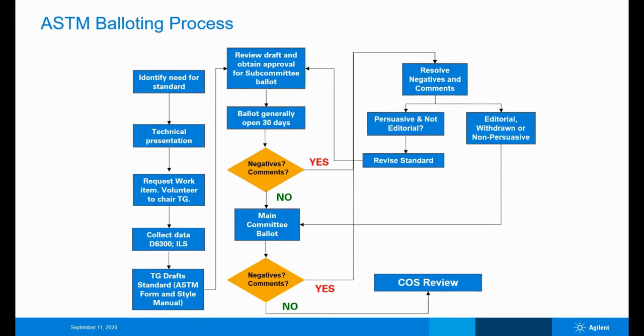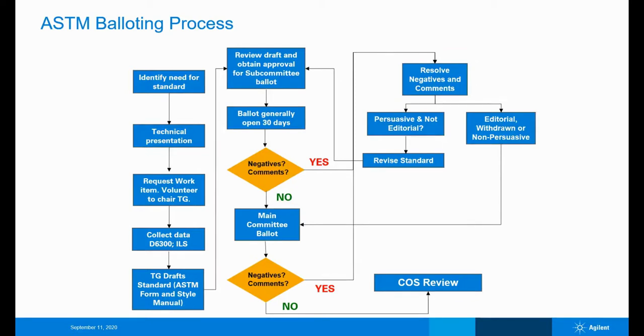So if the vote is editorial and can move on, or if the negative vote is withdrawn, or if it's found non-persuasive, then it can move on to main committee for balloting. The main committee balloting process requires 30 days. And again, it goes through the same process during the balloting process.